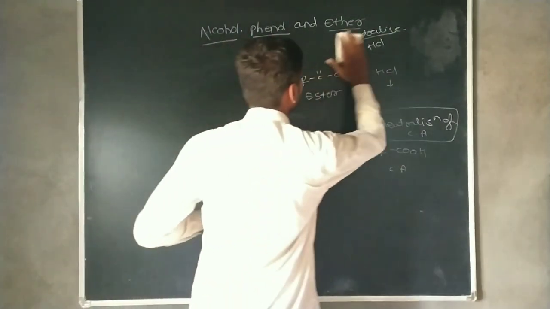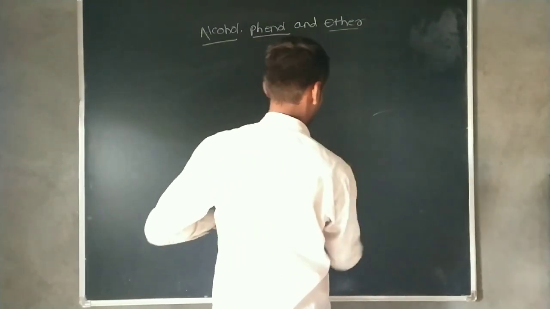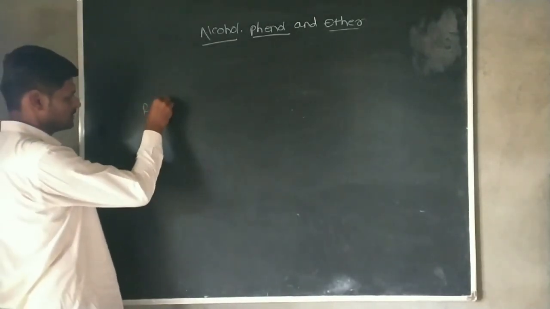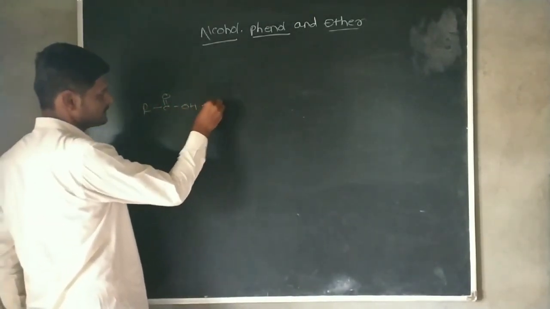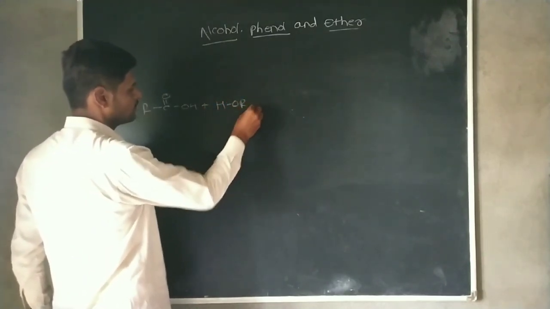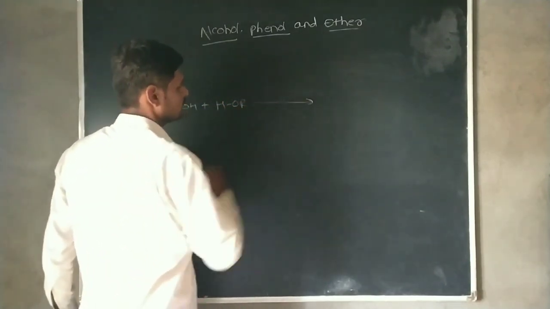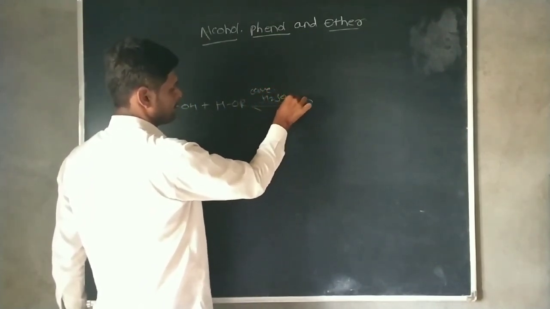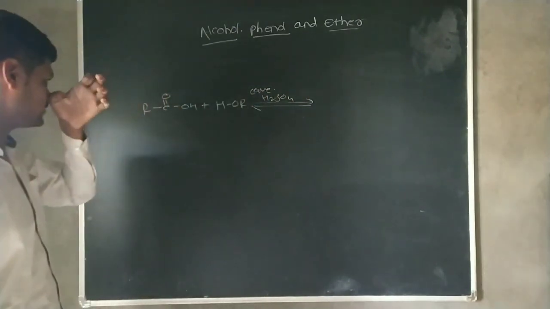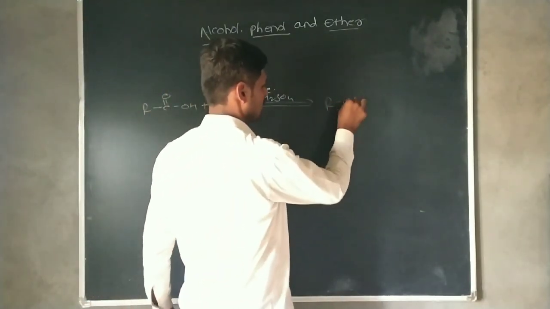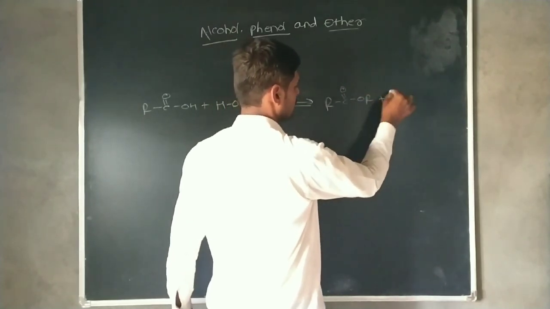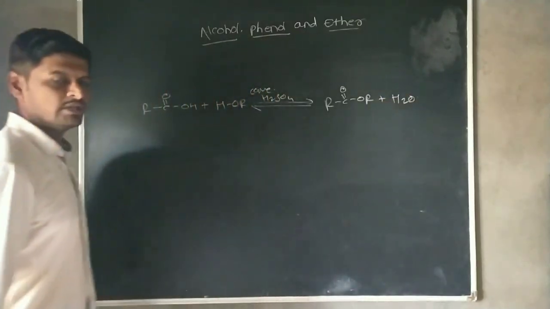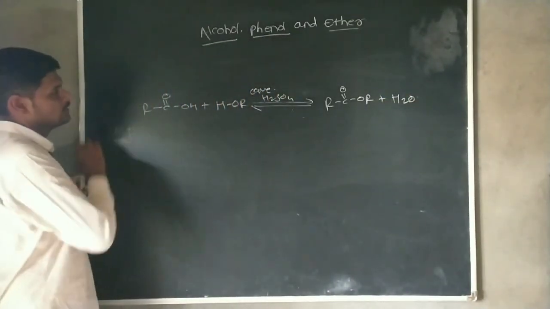Then we again consider the first reaction, that is the preparation of ester. In that, when carboxylic acid is reacted with alcohol in presence of concentrated H2SO4, it forms the ester RCOOR' plus H2O.